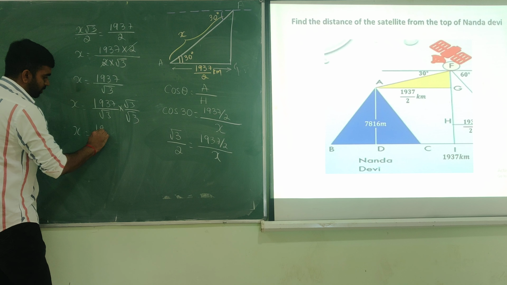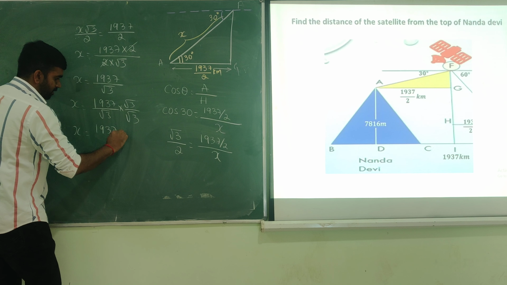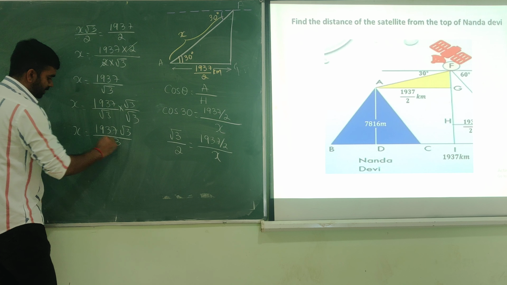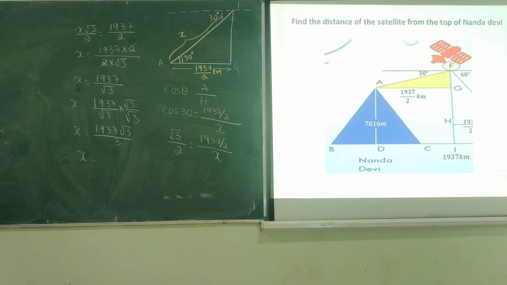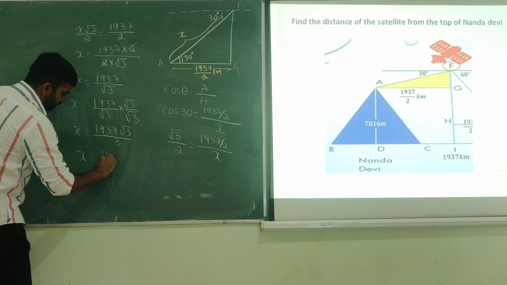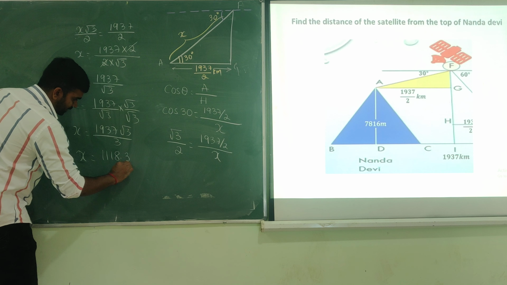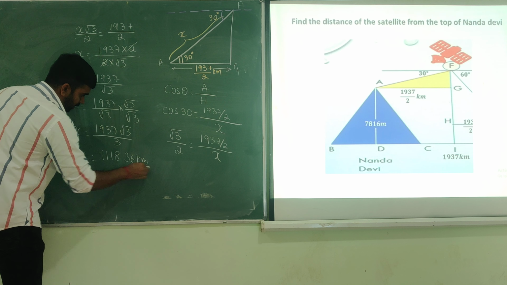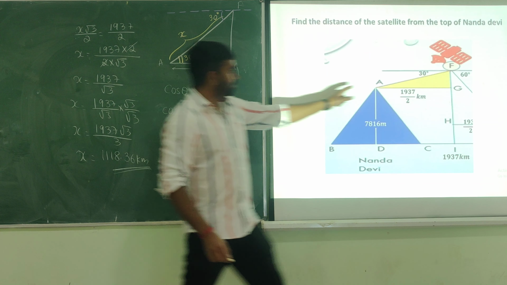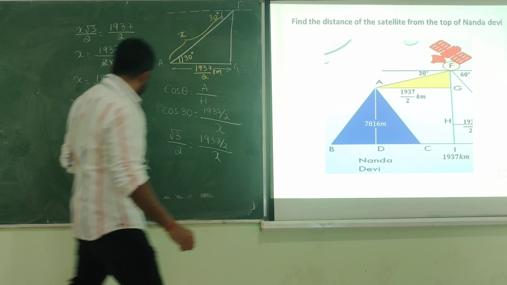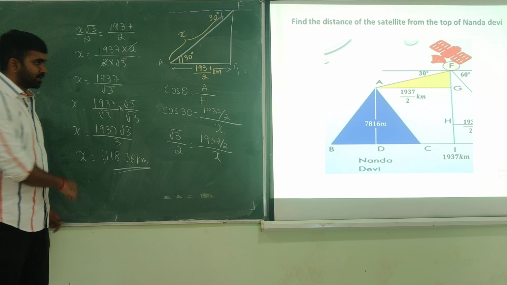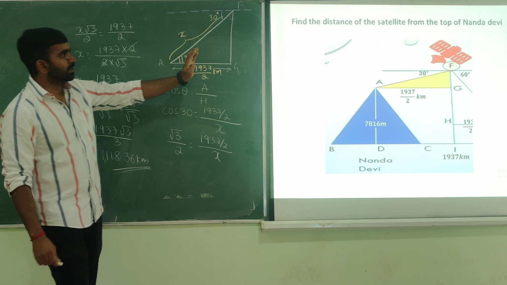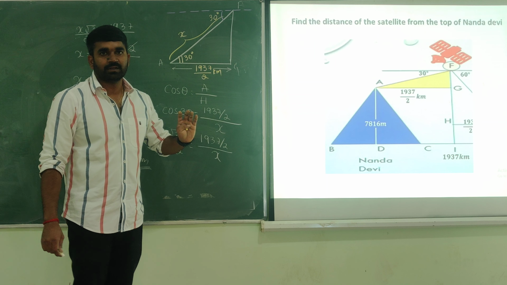When we rationalize, multiplying by root 3 over root 3, x is equal to 1937 root 3 divided by 3. When we divide, we get the value of x as 1118.36 kilometers. So the distance AF is 1118.36 kilometers, which is the distance between the satellite and the top of Nanda Devi.